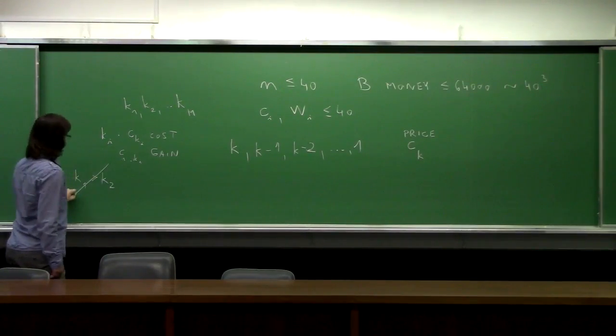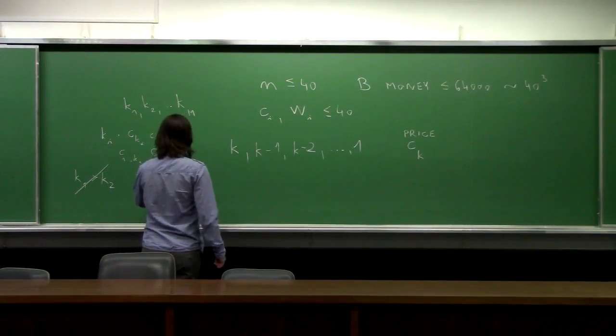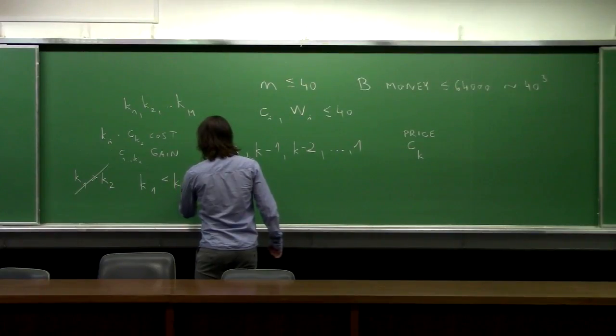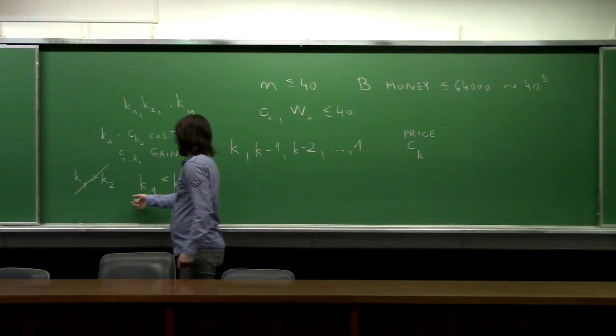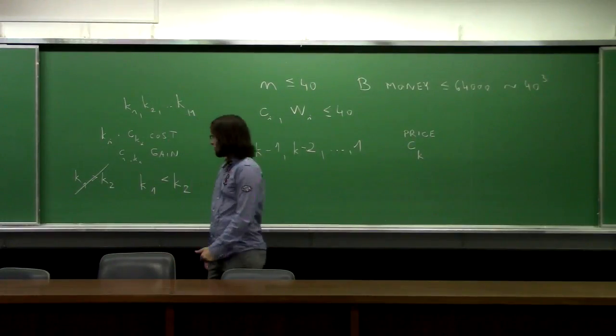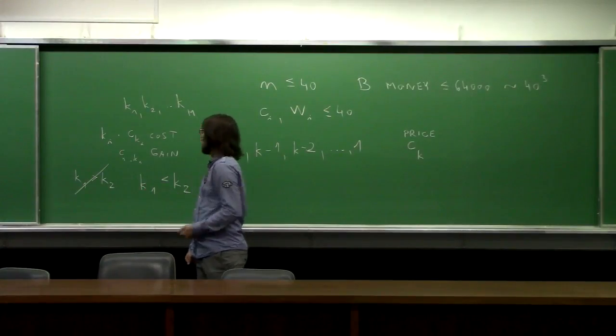So we don't want this, but if K_1 is smaller than K_2, then there is no such problem. We can just buy sweets of this type and all smaller types.